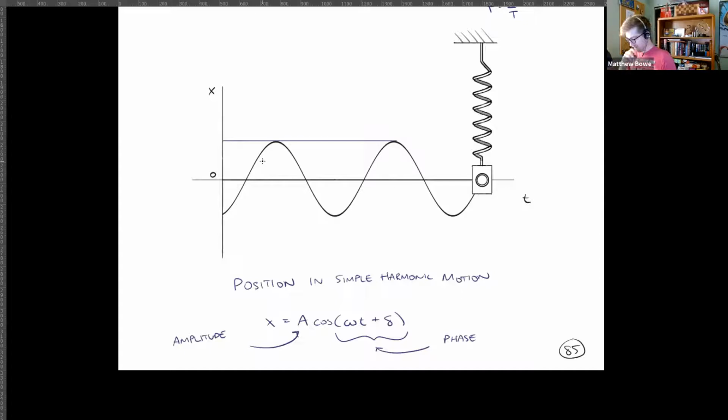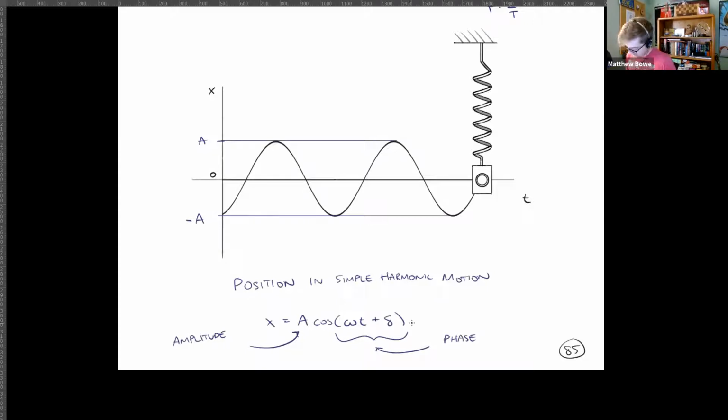Its maximum amplitude is this line right here that I've just drawn, A, and it has the same amplitude going in the other way, except it's negative. All right, it's easy to wrap your head around.